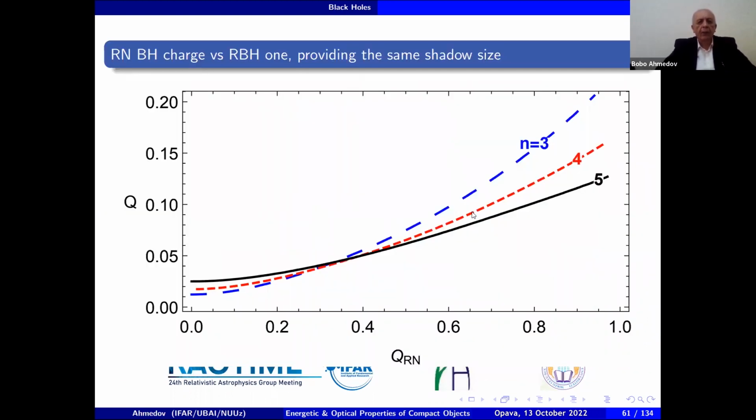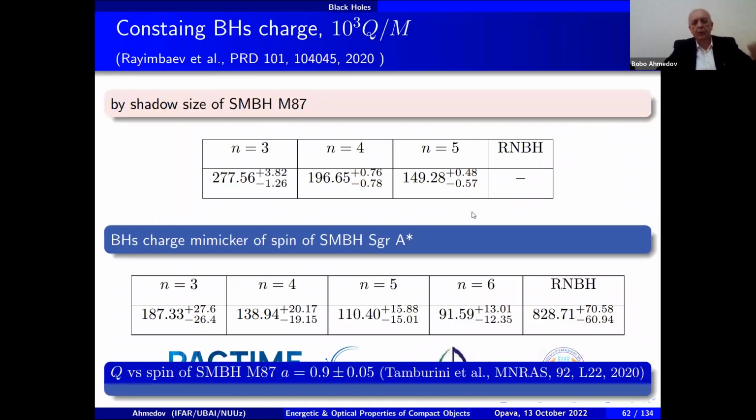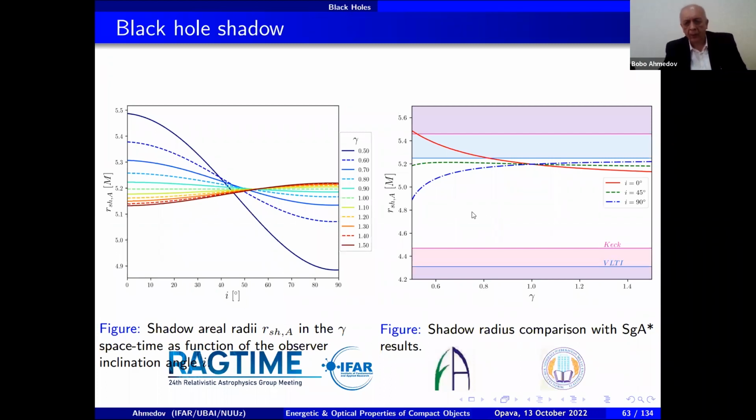Now we can look at how the shadow size of the black hole depends on the parameters which we introduce, and try to get constraints on them through the observed shadow of Sagittarius A star. On the left-hand side is the radius of the black hole shadow, which depends on the gamma parameter in the gamma metric.